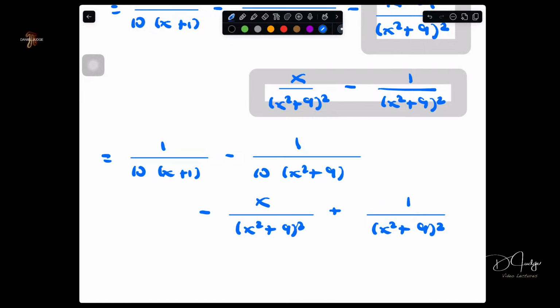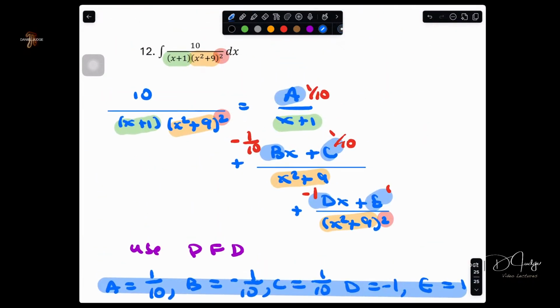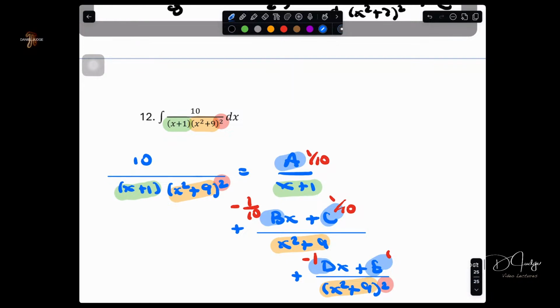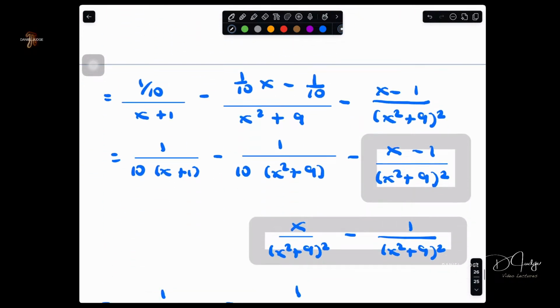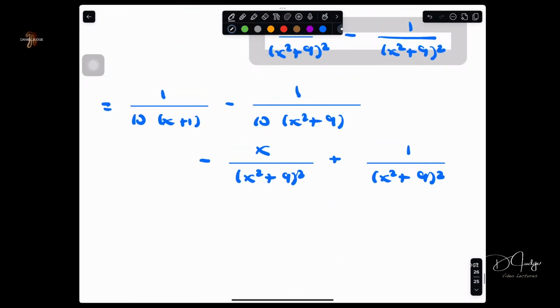Okay, and don't forget, again, all of this was about integrating. So we were integrating this whole thing.